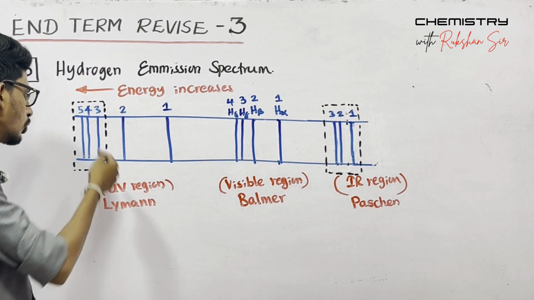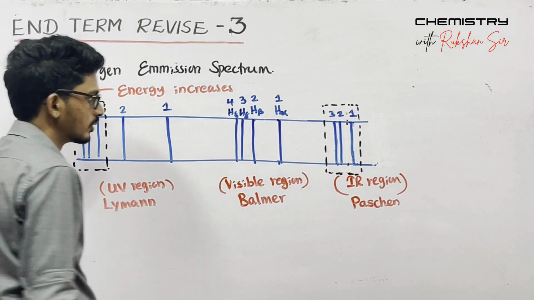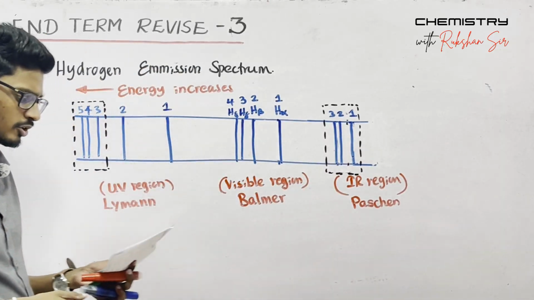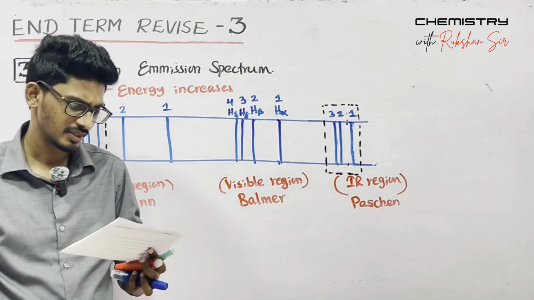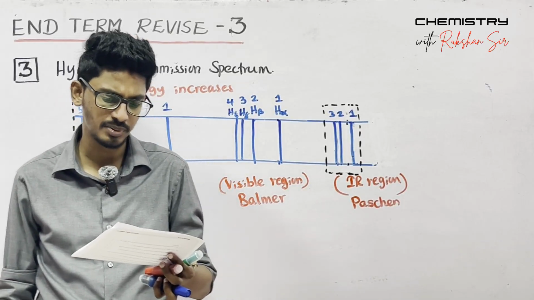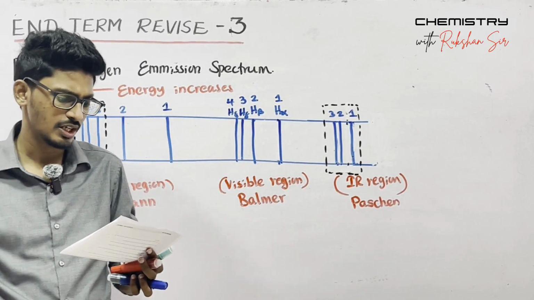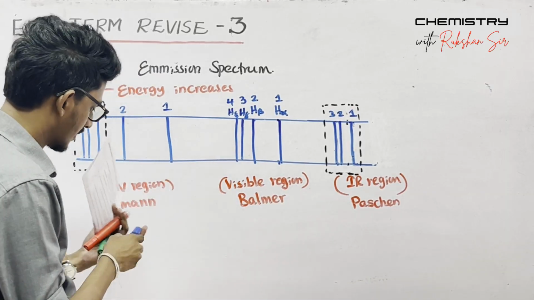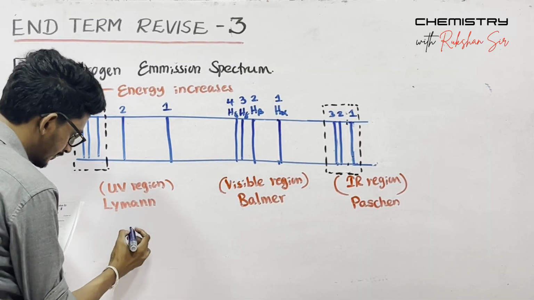So the distance between the fourth and fifth lines of Lyman is equal to the distance between the second and third lines of Paschen. The statement says the distance between the second and third lines of Paschen series is equal to that of the fourth and fifth lines of Lyman. Yes, the statement is true.